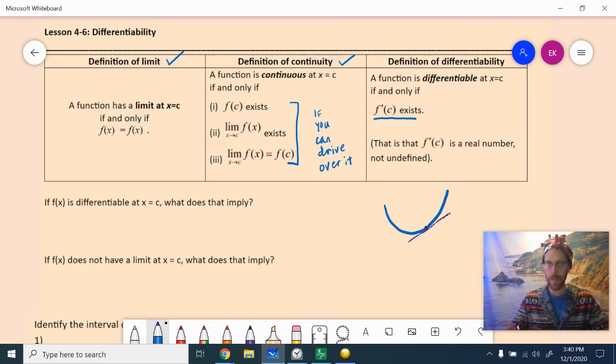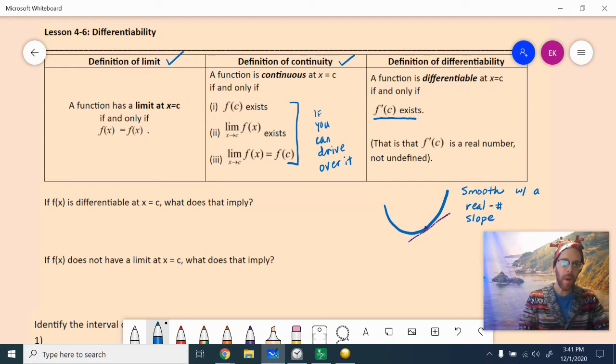So another way to put this is that the graph is smooth, right? There's no pointy spots, no cusps that would make the derivative undefined, with a real number slope. Slope that you can calculate.